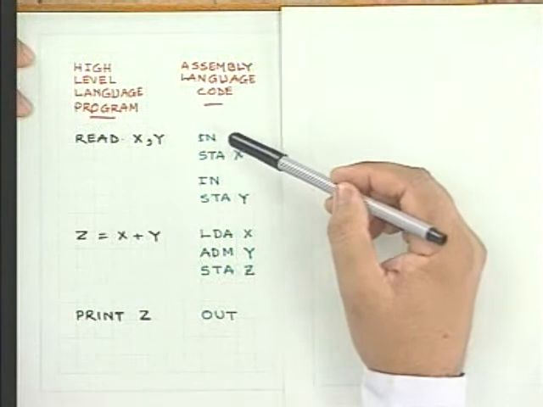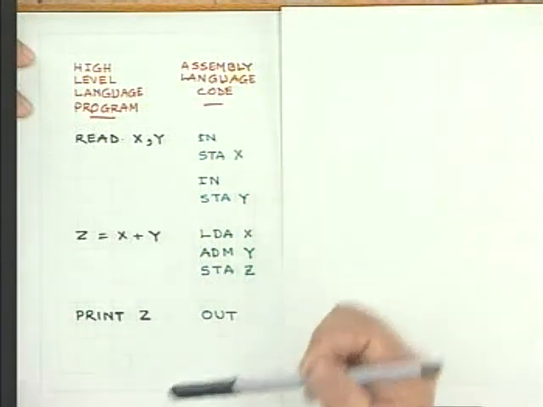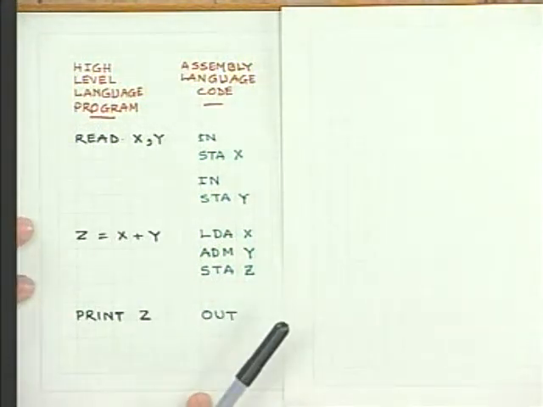Now, as you know, this assembly language program is essentially a symbolic mnemonic form of a machine language program. We'll come to the machine language. That means this assembly language is also not the program which is directly executed by the machine. It has to be converted into machine language from the assembly language by means of what we call an assembler.